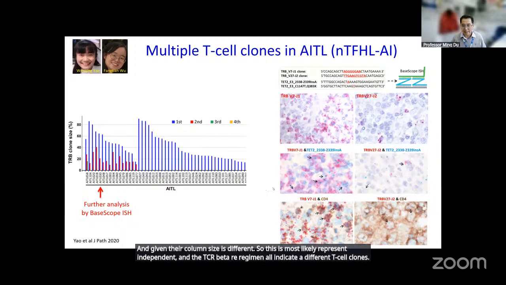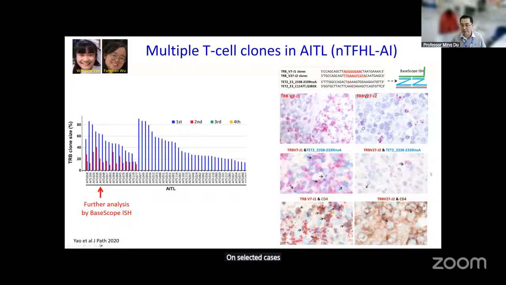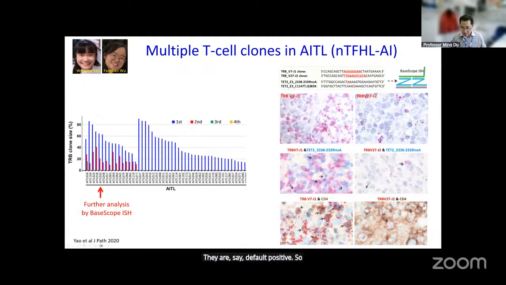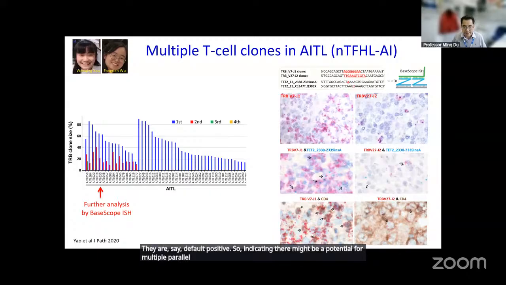On selected cases using BaseScope in situ hybridization, we have demonstrated that the same TET2 mutation also occurs in these minor T cell clones, including minor T cell clones that are CD4 positive. So this indicates there might be potential for multiple parallel neoplastic proliferations of T cells.